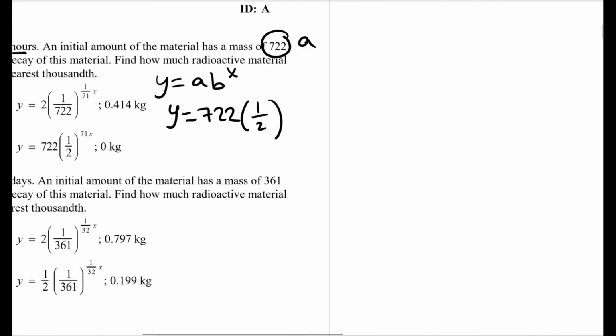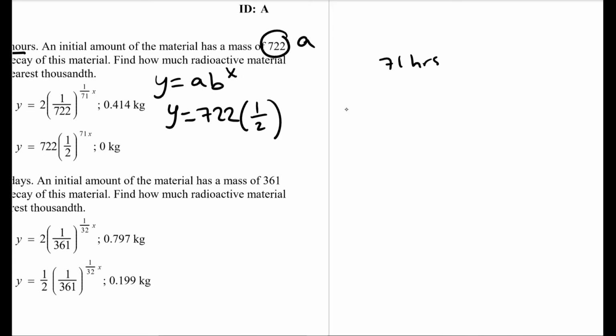So let's write it over here. So after 71 hours, you have 1 half-life. After 142 hours, well, that's 2 half-lives, right? So that's 2 times that you're going to cut it in half.